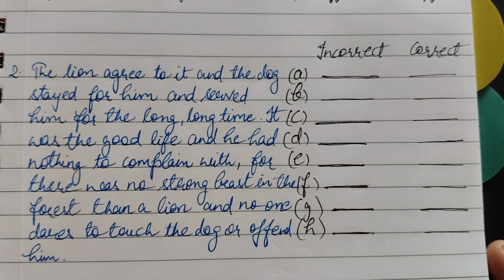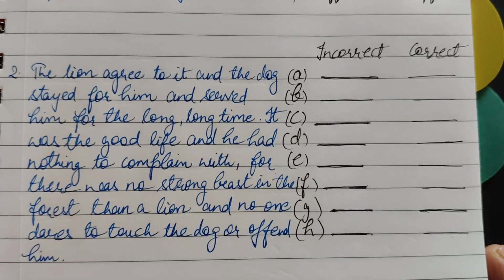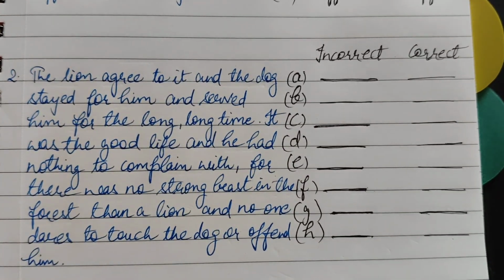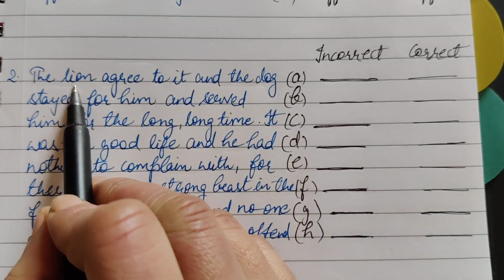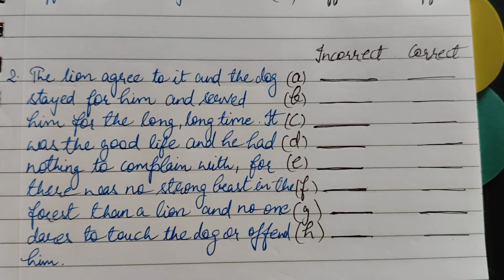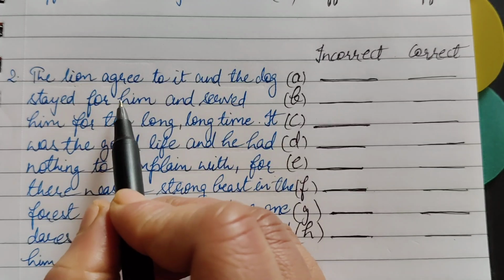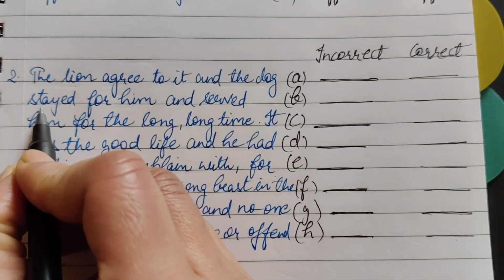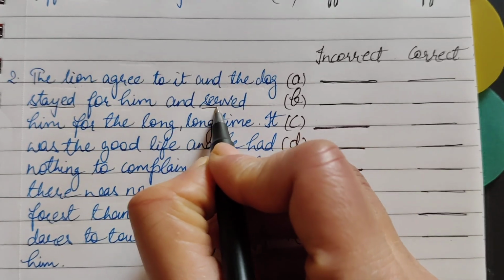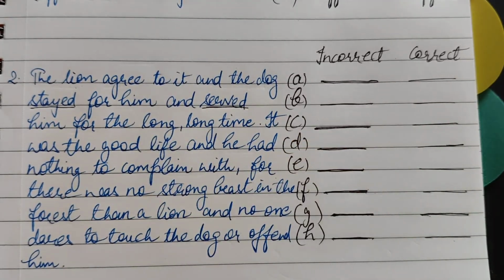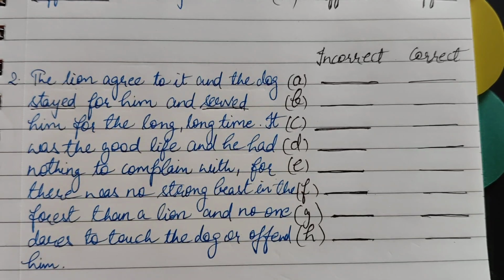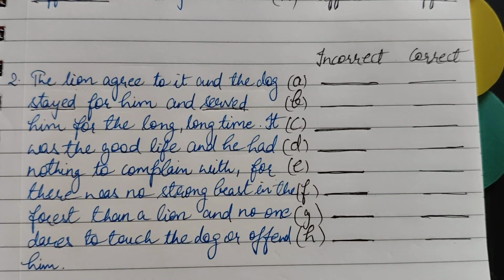So here we can see that this paragraph is a story or an excerpt from a story, and two characters are there, one is a lion and the other is a dog. If I read this second line, I get to know that this story is going in the past, and of course all stories, if the characters are animals or even human beings, generally go in the simple past tense.